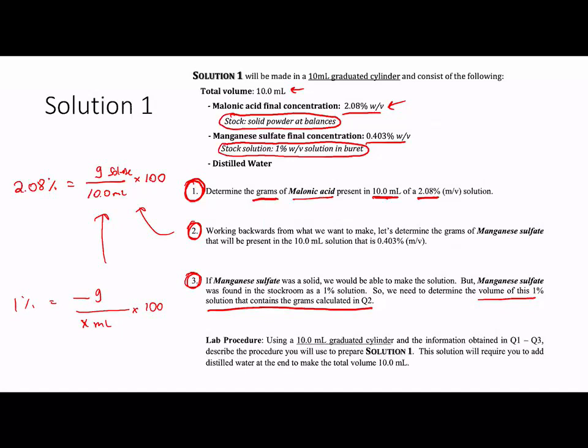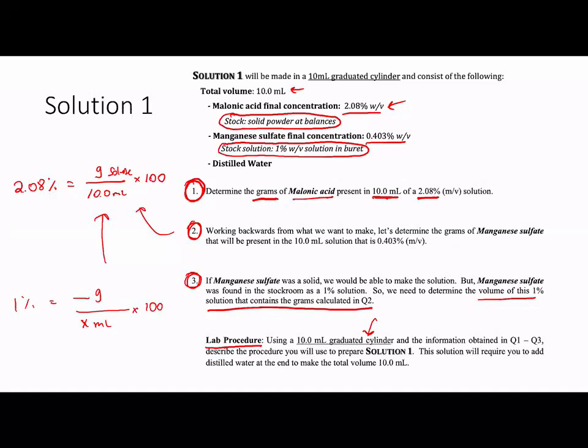And then for the lab procedure, you're going to put it all together. So this is one solution that contains multiple solutes. So you need to keep that in mind as you put this together and figure out how you would go in the lab and make this. You will have a graduated cylinder. You will have the manganese sulfate, which is in a burette. And then you will have the balances to weigh out the malonic acid.